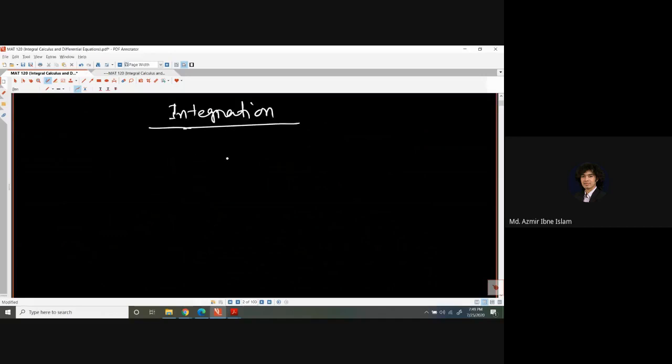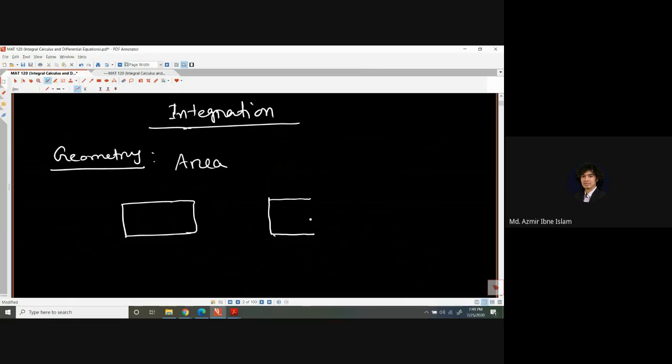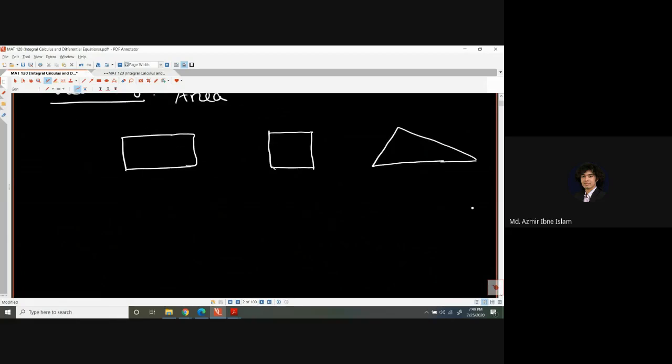So from the concept of geometry, we have learned how to find the area of a rectangle, how to find the area of a square shape. We also know how we can find the area of a triangle, or maybe some other shapes like polygons.